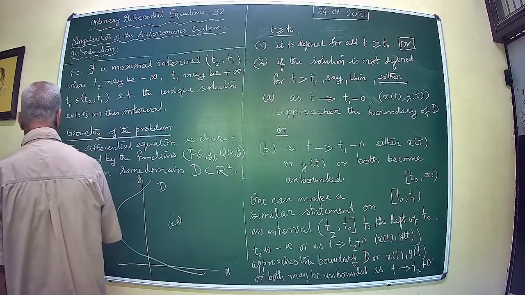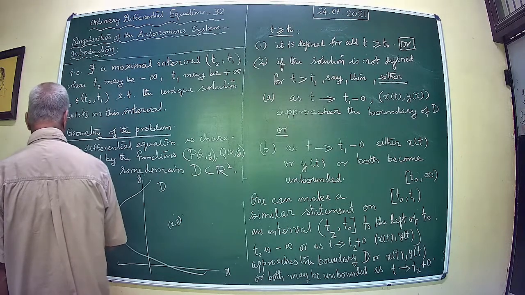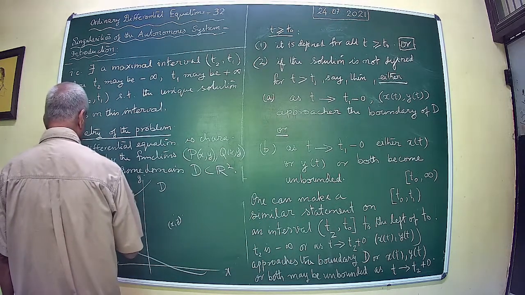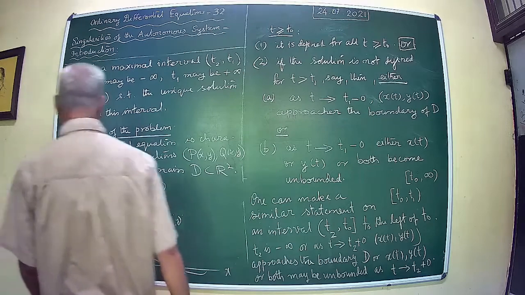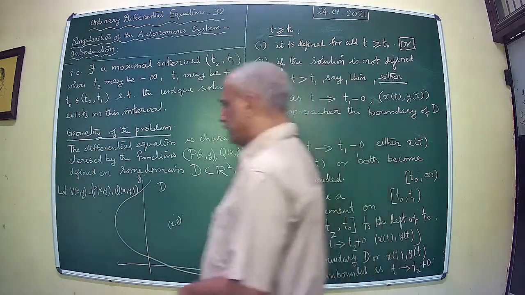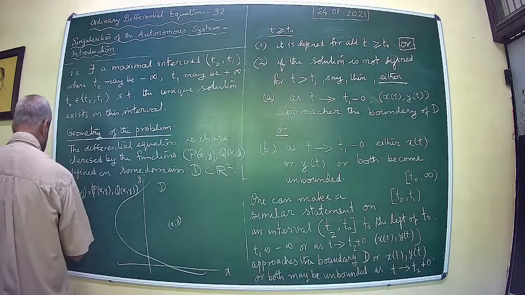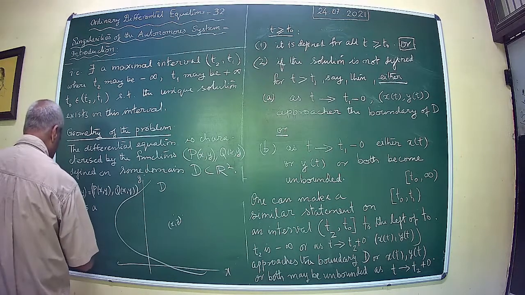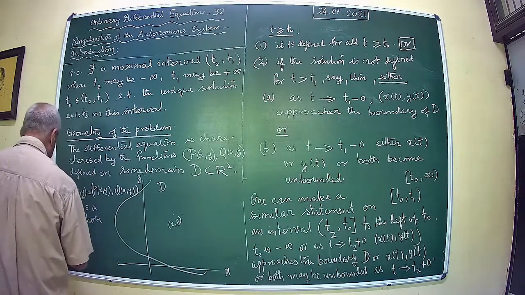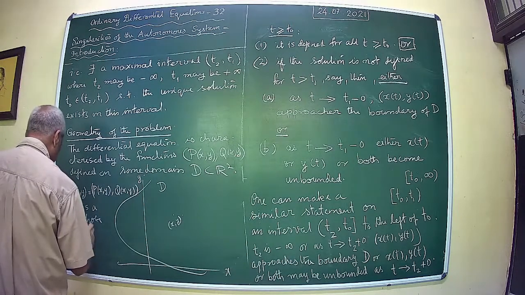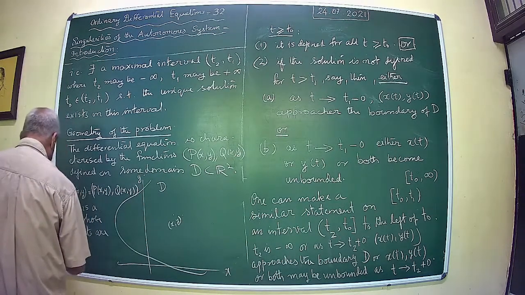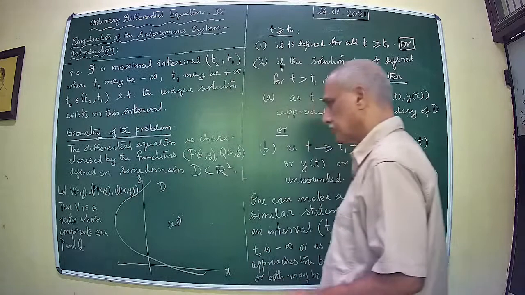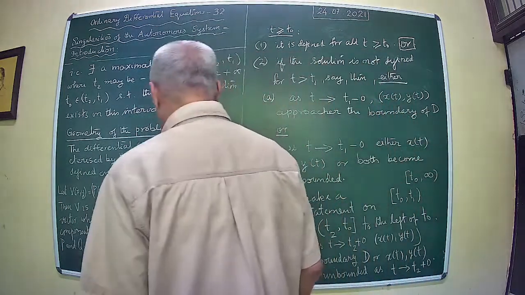Let V(x,y) be (P(x,y), Q(x,y)). Then V is a vector whose components are P and Q. And you know that gives a direction.